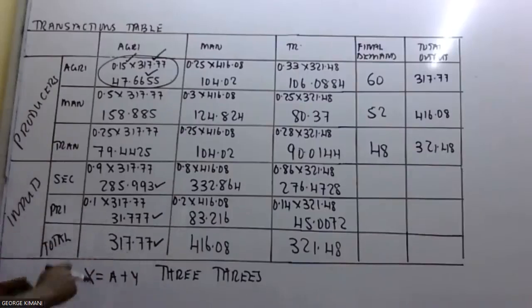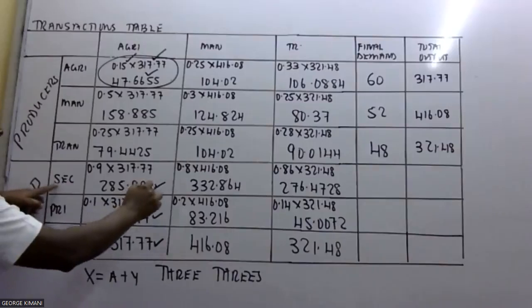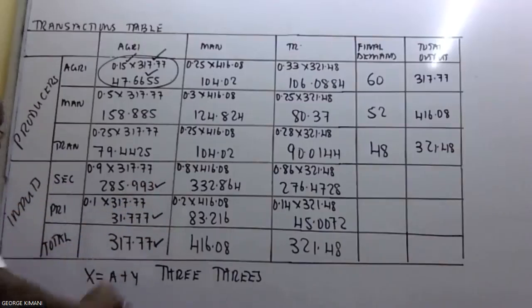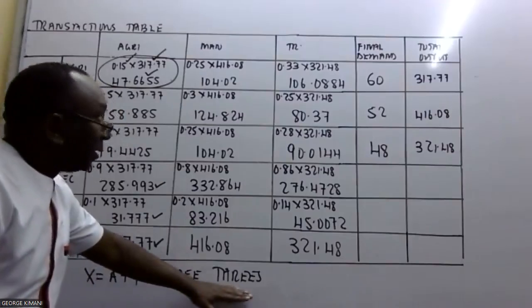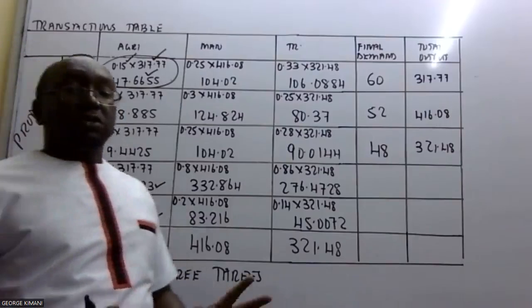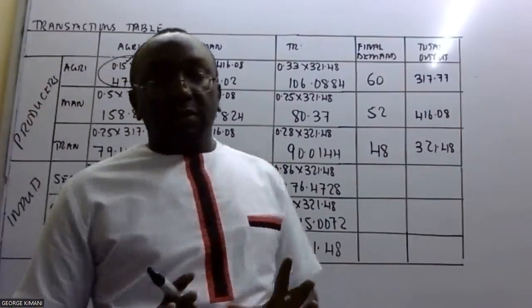One is necessarily that the secondary, the primary, and the total. So if you can understand these three things, input output, you are good to go.